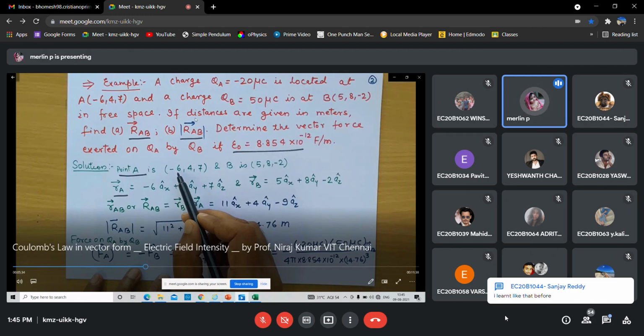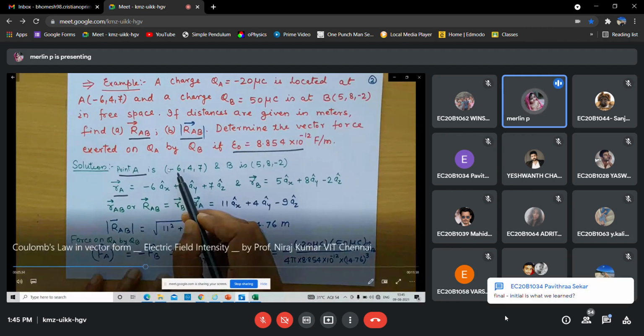If there is any such symbol, we should write it in vector form, so every value will have that vector symbol on the upper side of it. And then they have asked us to find the vector force from QA to QB. Mostly this form only they will ask. Apart from this, they won't ask in any other form in vector form.